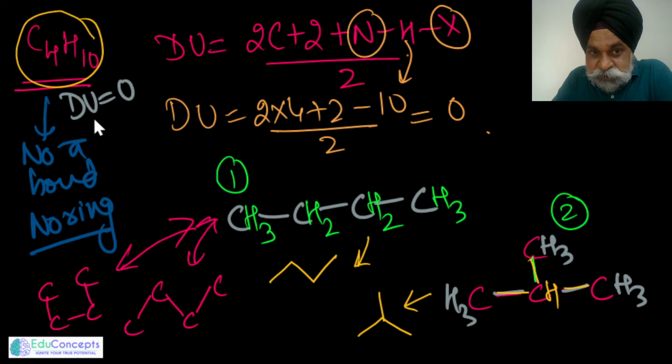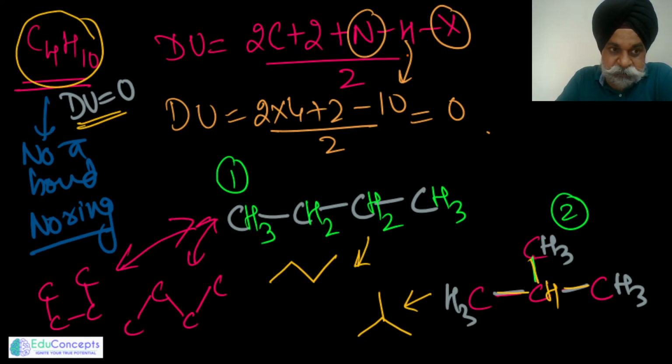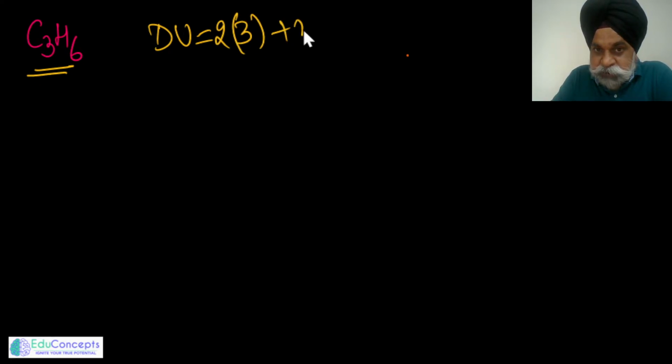Once you know that the degree of unsaturation is 0, you have to make only single bonds. This is the beauty of the thing. Now if I go for C3H6, the degree of unsaturation would be 2 into 3 plus 2 minus 6, upon 2, so it comes out to be 1.